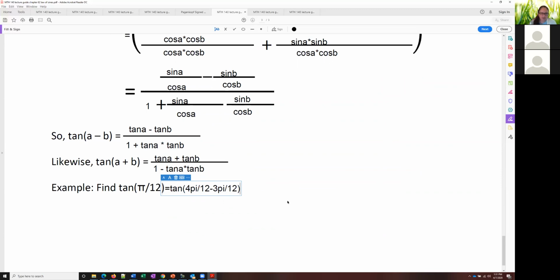Now, those do simplify nicely. So this is equal to the tangent of pi over 3, right? If we cancel the 4 on the top with 4 on the bottom, we're left with pi over 3 minus pi over 4. So we're trying to figure out the tangent of pi over 3 minus pi over 4. So I'm going to be using this formula right here for the tangent of A minus B.